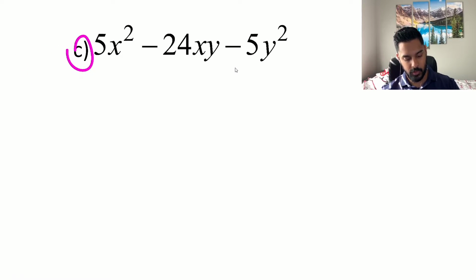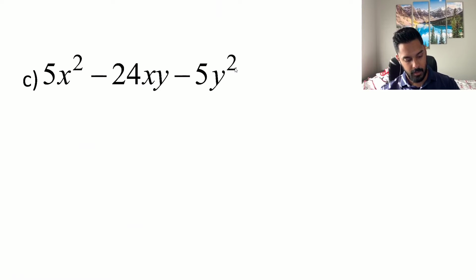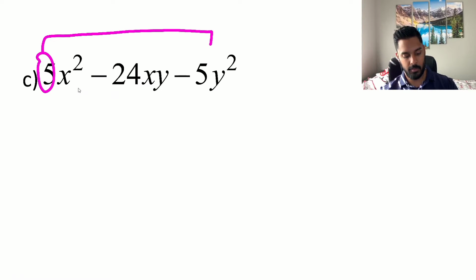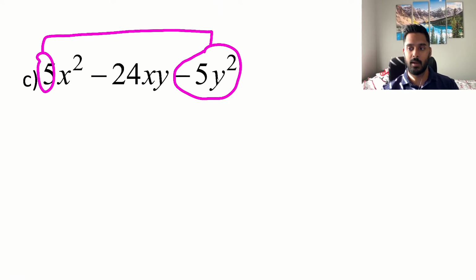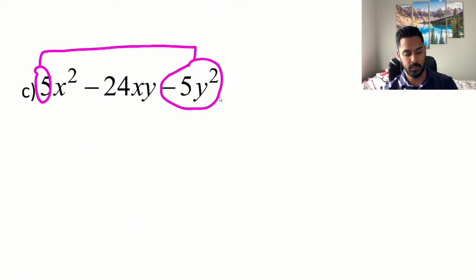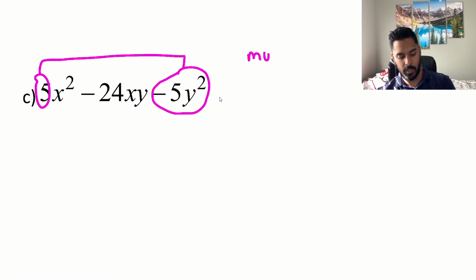We're going to look for two things. 5 is my a number, the number in front of my squared term. Now we're going to multiply that with the whole constant, taking y to be part of it. So we're going to multiply to give us a negative 25y squared.